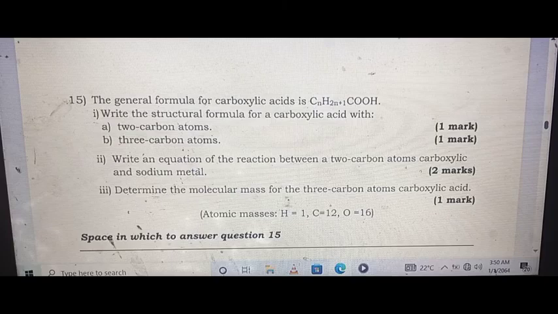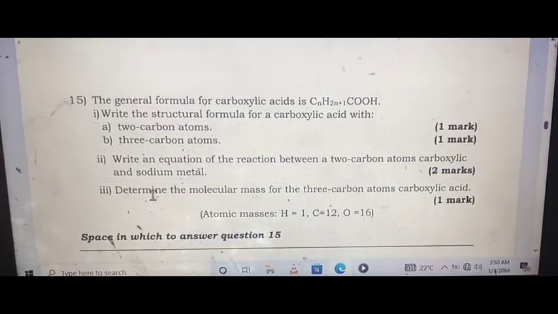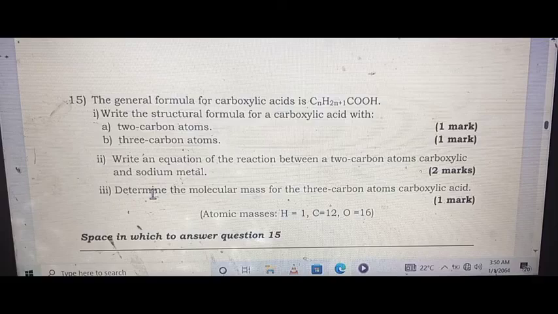Determine the molecular mass for the 3 carbon atom carboxylic acid. Atomic mass: hydrogen equals 1, carbon equals 12, and oxygen equals 16. The correct answer is the molecular mass of C3H6O2 equals 74 grams per mole.